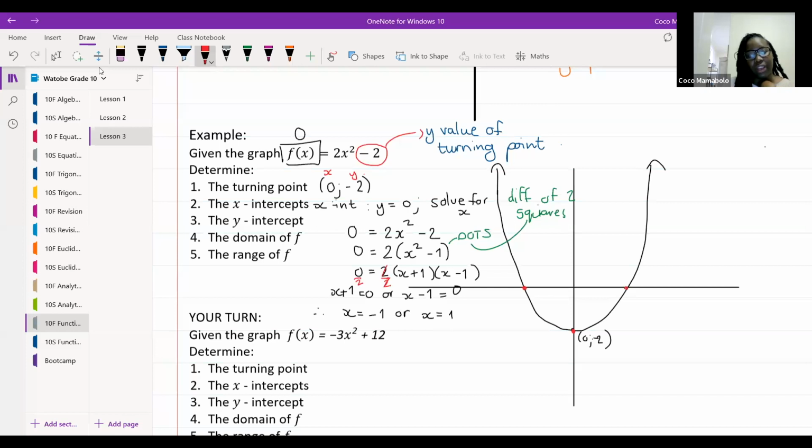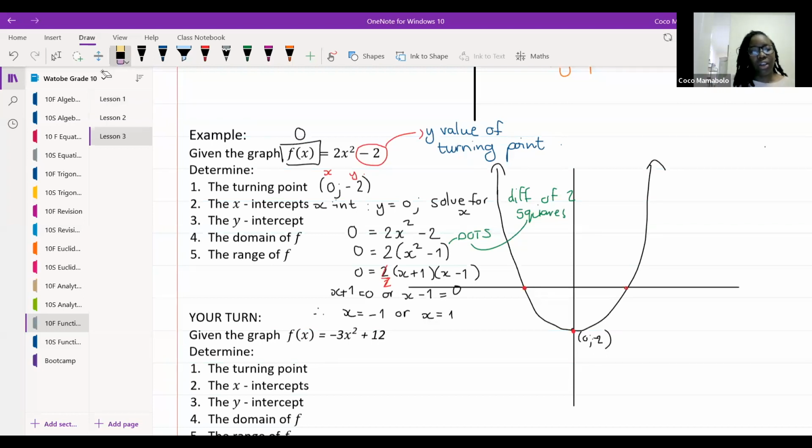What's 0 divided by 2? It's 0. The 2 just drops away, because if I divide both sides by 2, 0 divided by 2 just gives me 0 again. So it's almost like it's not even there. Does that make sense? Yes, okay.